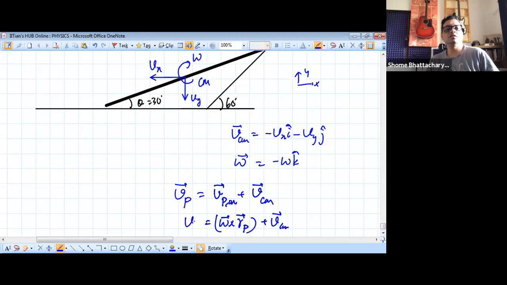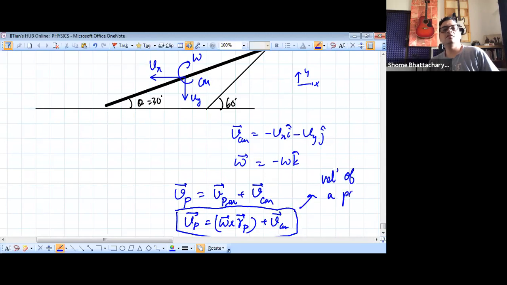So this is the general theory here. Instead of instantaneous axis, we are using this concept. This is the velocity of a point P at the position Rp with respect to center of mass.